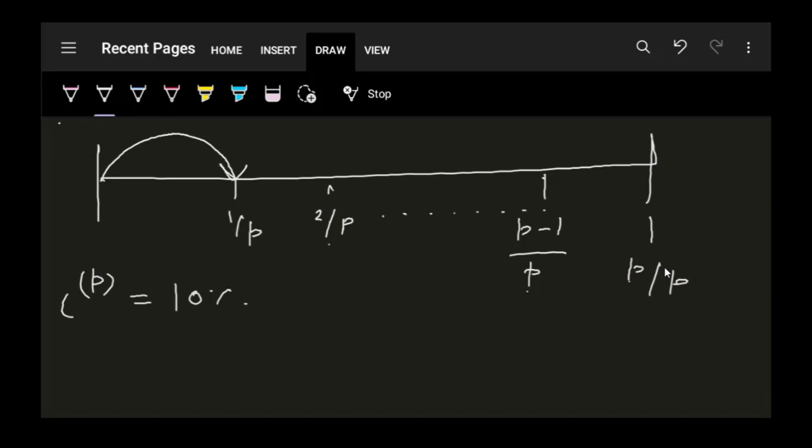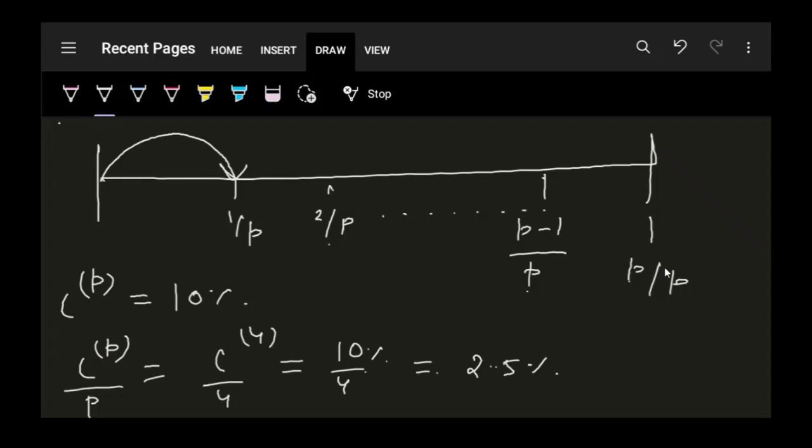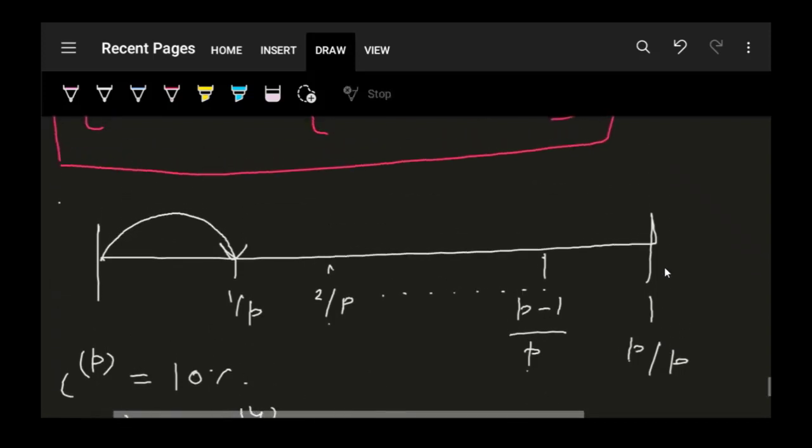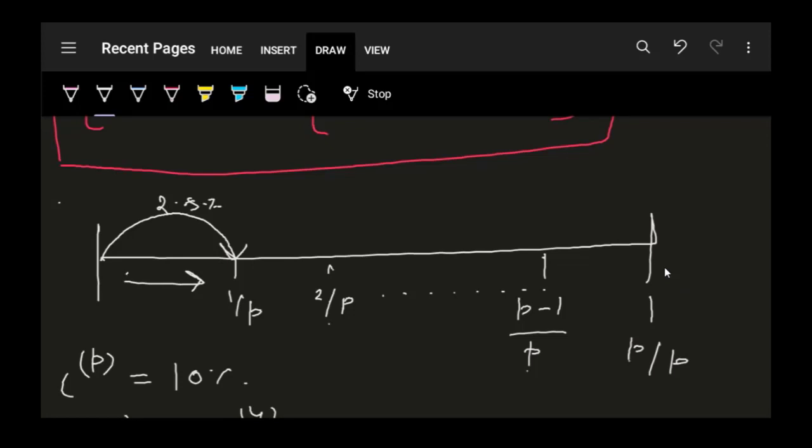This will be i^(p) upon p. Suppose p is equal to 4. So i^(4) upon 4, that is 10 upon 4, which will be 2.5%. So this means that the effective rate I am earning is 2.5% every 1 upon p duration, and since we have taken p equal to 4, every quarter.